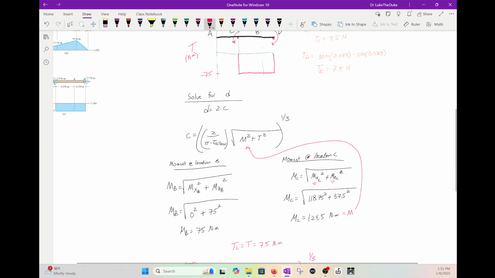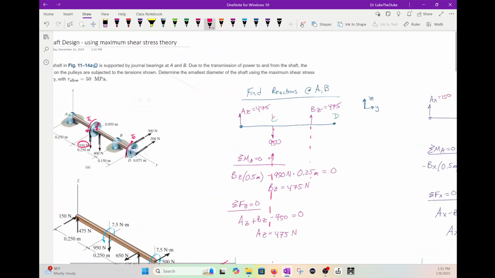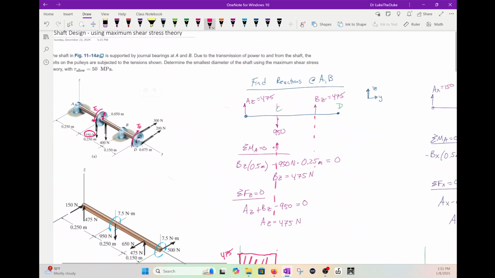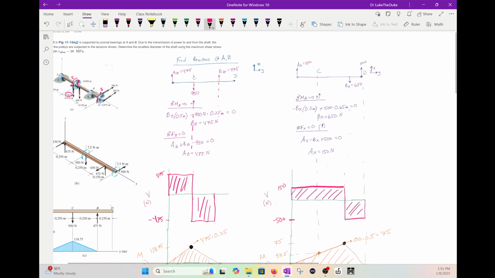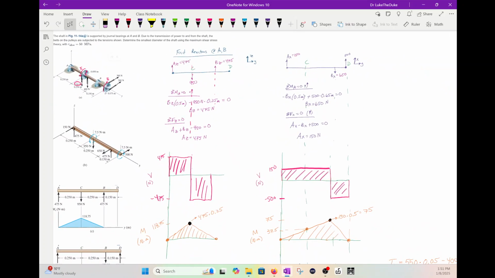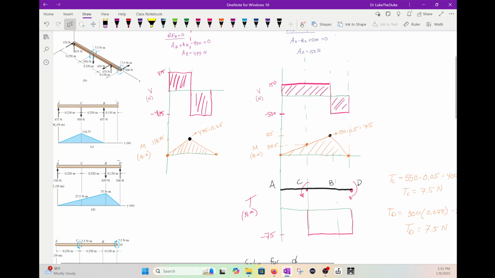So, in summary, for this case where you're using maximum shear stress theory, what you need to do is split this up into 2 2D views. We have the ZY plane and the XY plane. Find your reactions. Find your shear and moment diagrams.